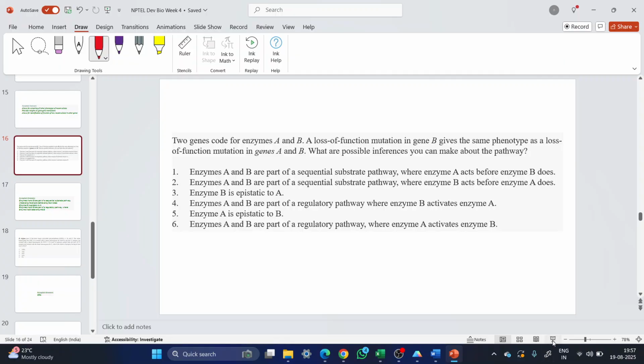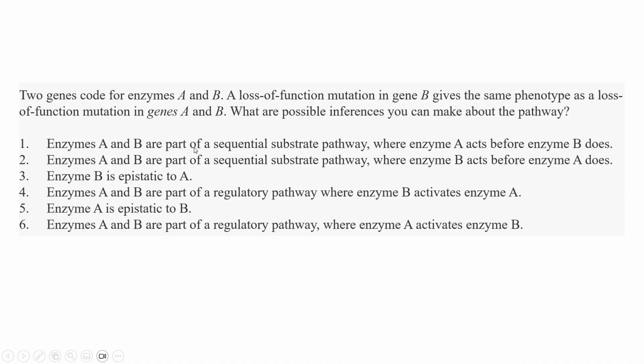Okay. The question is, two genes code for enzymes A and B. A loss of function mutation in gene B gives the same phenotype as the loss of function mutation in genes A and B. What are the possible inferences you can make about the pathway? First, enzymes A and B are part of a sequential substrate pathway where enzyme A acts before enzyme B does. Second, enzymes A and B are part of a sequential substrate pathway where enzyme B acts before enzyme A does.